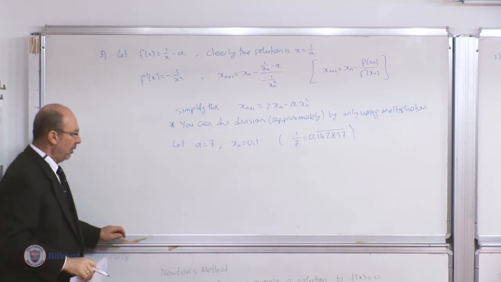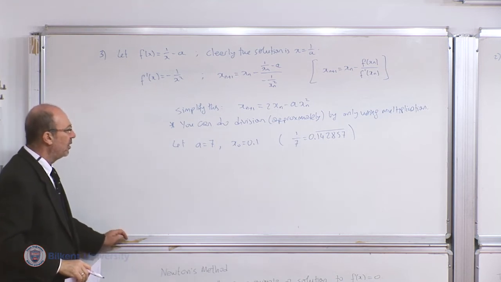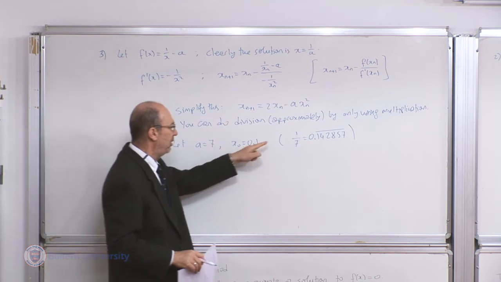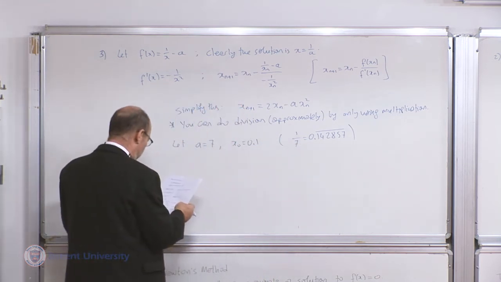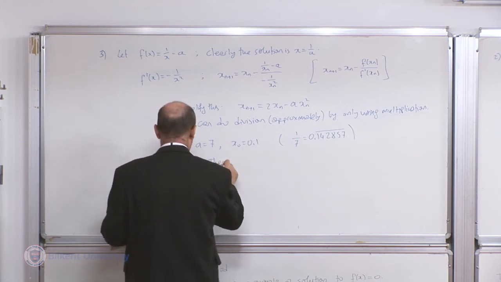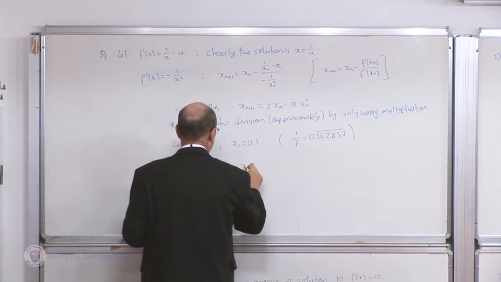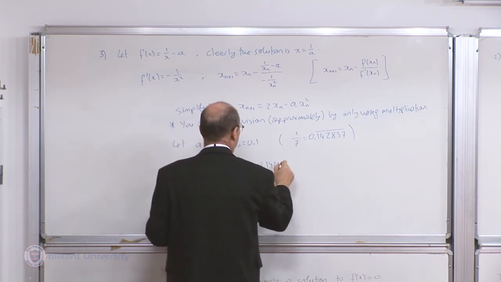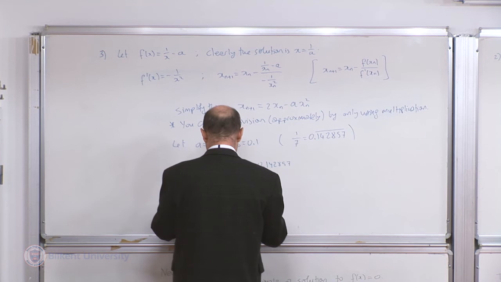When you are using Newton's method, you have to help the method. You have to find a healthy first choice so that the sequence will converge to the right number. So this is a nice approximation, and x5 gives you immediately this. Then x5 is correct, 0.142857.